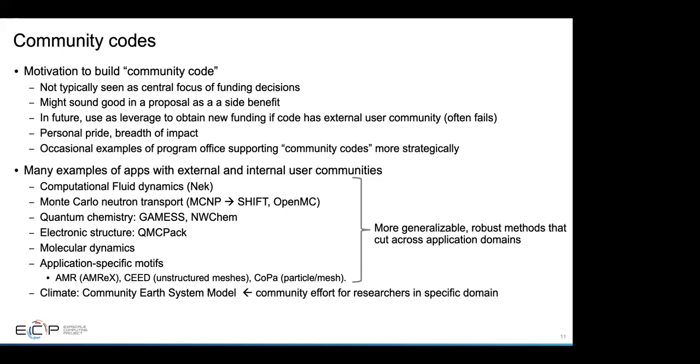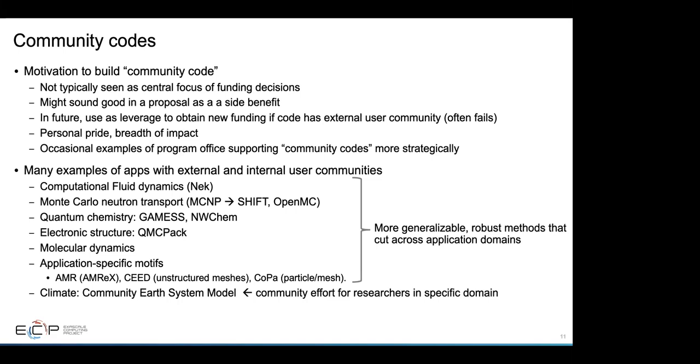Okay, so there are many examples in ECP, and I've just picked a few random ones, of applications with both external and internal user communities. So we have a computational fluid dynamics code, Nek, which is doing problems in geophysics and astrophysics and wind turbine simulations and all different fields. In neutron transport, MCNP was a good example of this traditionally.